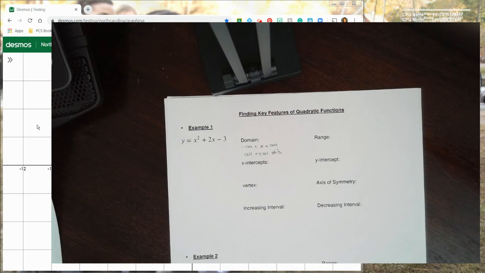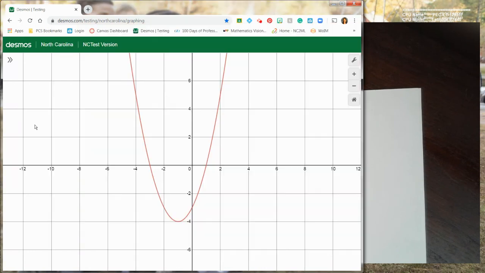Now, when we talk about range, I'm talking about y values. Well, since I have a minimum, it's this point right here. That is the lowest point I could ever get to on my graph. I care about the y value of -4 because that is the lowest point I will ever get to.